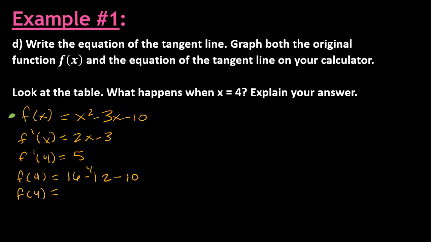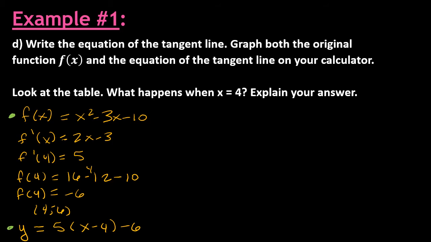So 16 minus 12 is 4, so this is negative 6. So I have the point (4, negative 6). And if I want to write the equation, I can do y equals 5 times x minus 4 minus 6. So I want you to take a minute and put both of these equations into your calculator.